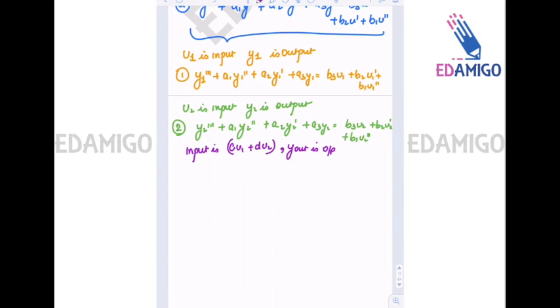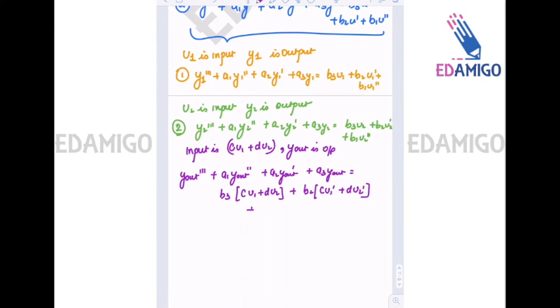Okay, so Y out''' + A1 Y out'' + A2 Y out' + A3 Y out is equal to B3 (C U1 + D U2) + B2 (C U1' + D U2') + B1 (C U1'' + D U2'').